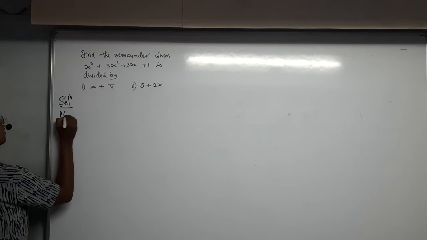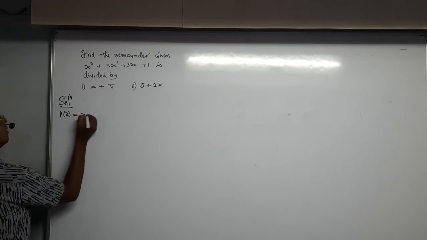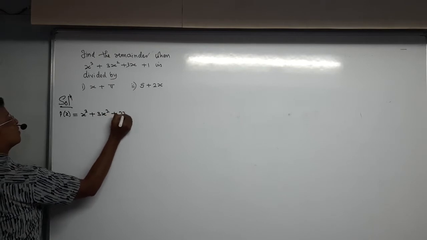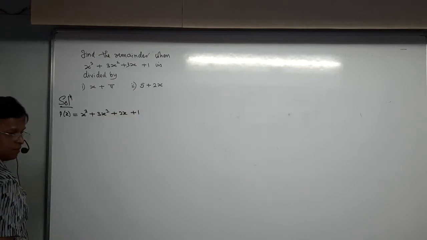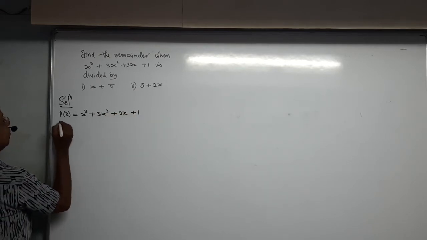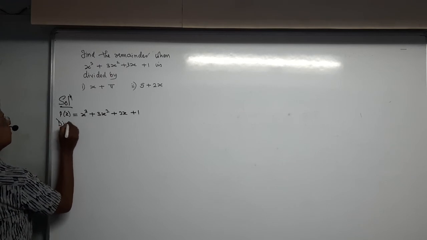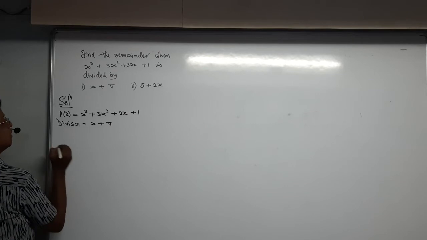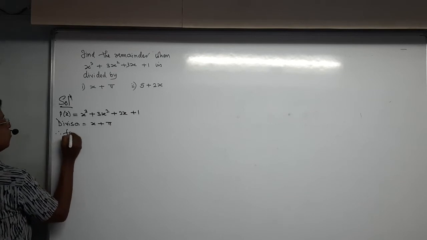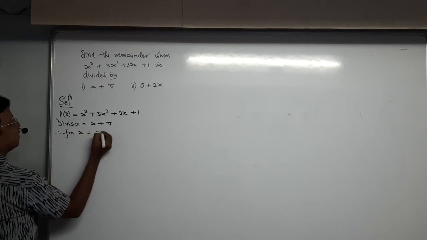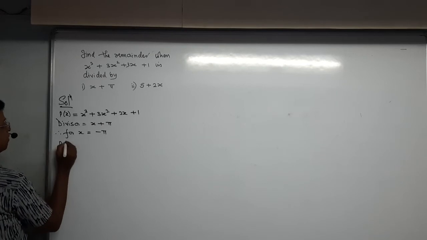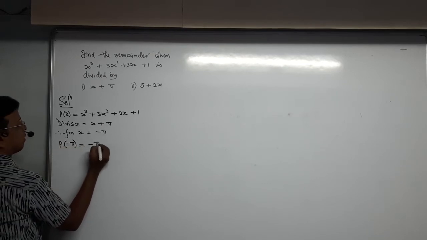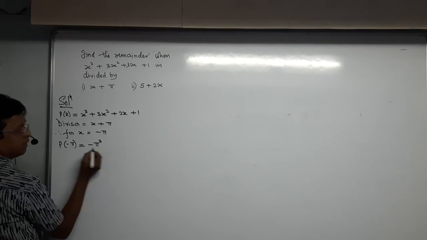What is P of x? x cube plus 3x square plus 3x plus 1. Right? Now, what is the divisor? x plus pi. Therefore, for x is equal to minus pi. So P of minus pi will be equal to minus pi cube. Right?